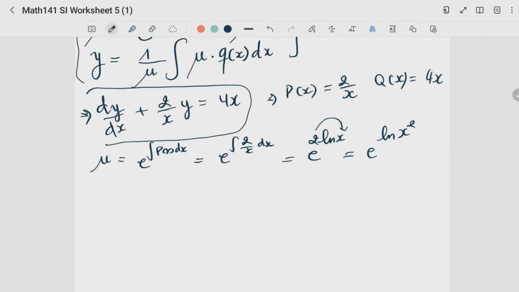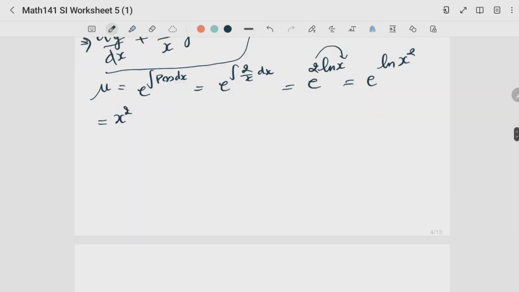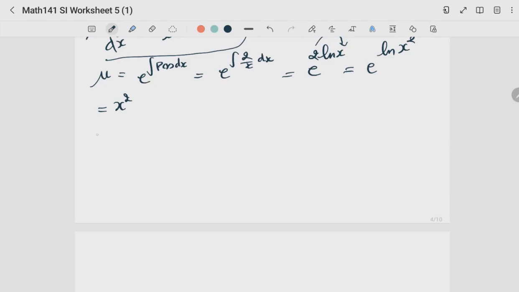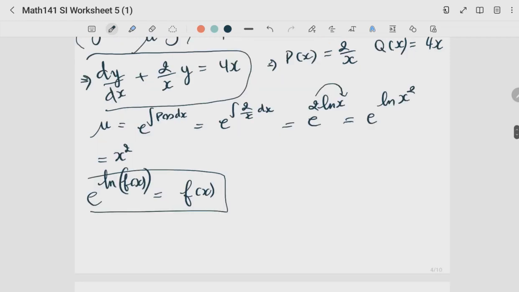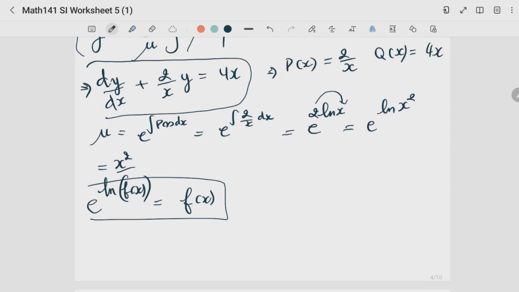And this is just equal to x squared, using the general rule that applies to exponential functions: when you have e to the ln of f of x, that is just equal to f of x. Hopefully you are aware of this rule. So keeping that in mind, we've already got our mu, which is x squared.